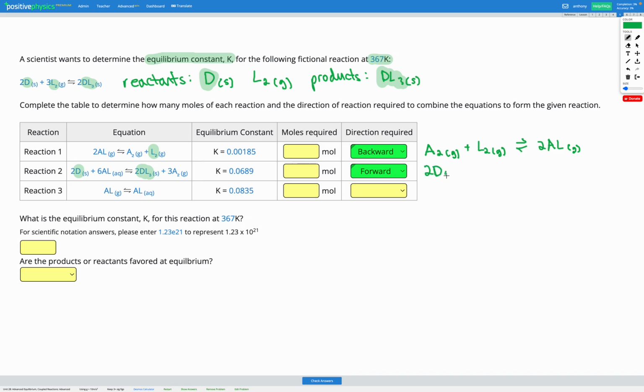We've got 2D solid plus 6AL aqueous goes to 2DL3 solid plus 3A2 gas. Okay, now for our last step, we've got AL gas goes to AL aqueous. Neither of those things appear in our goal equation. However, let's look at our steps over here. We've got AL gas in the products of reaction 1 and AL aqueous in the reactants of reaction 2.